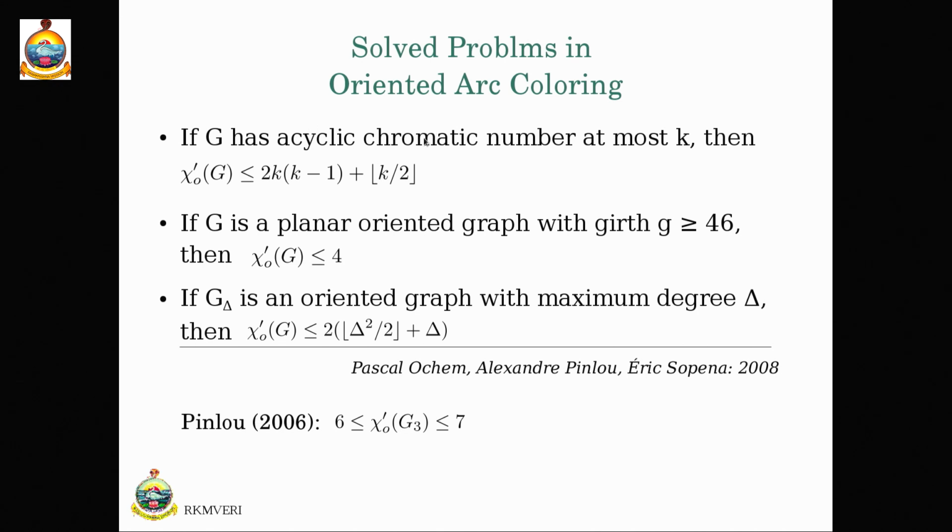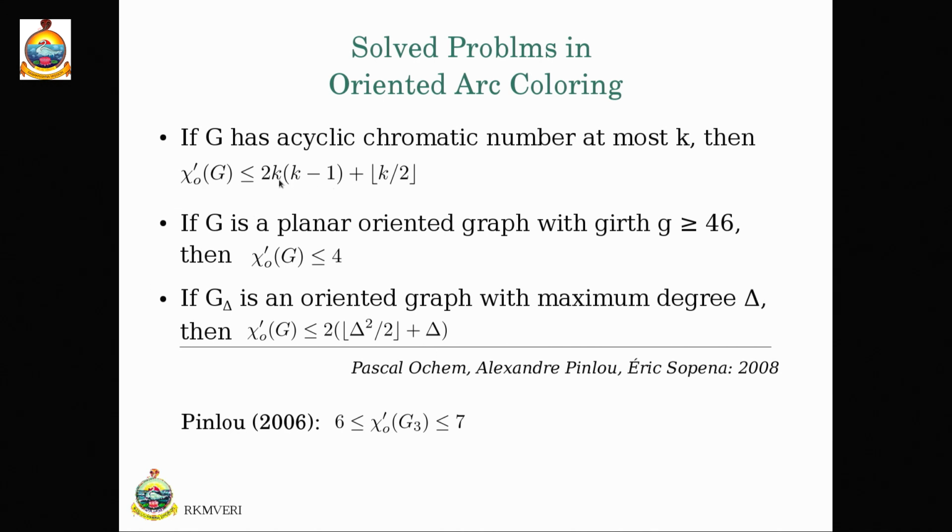Acyclic chromatic number simply says that if you color a graph with say whatever colors and take any pair of colors and look at the graph induced by this pair of colors, there won't be any cycle in this. So such a chromatic number is called acyclic chromatic number, and that naturally will be more than the chromatic number.